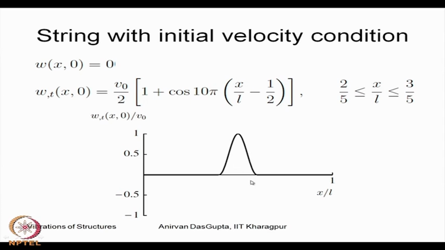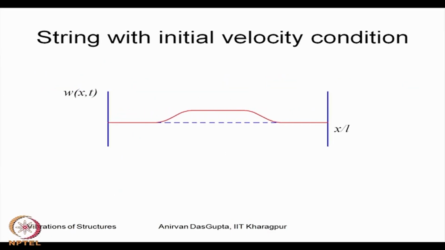Let us look at an animation that we have seen before. Once this velocity condition is given, you see that there seems to be a propagation of fronts in two directions, which go and hit the wall and then seem to come back and repeat itself. So, this is another example.